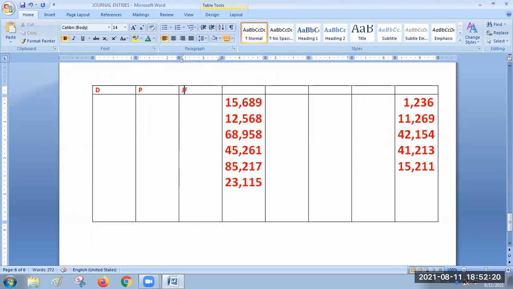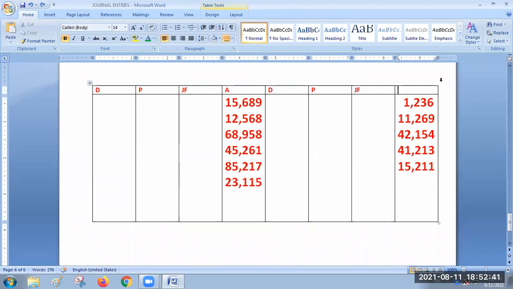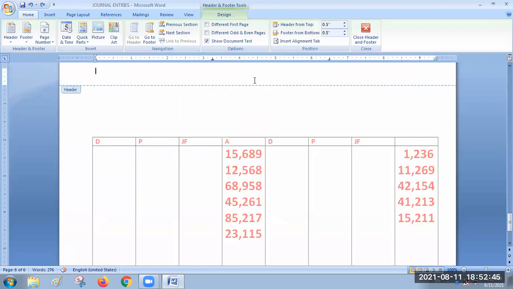This is amount in rupees. Again, this is date, this is particulars, this is JF number, this is amount in rupees. At the top you have Dr, and this side this is Cr.